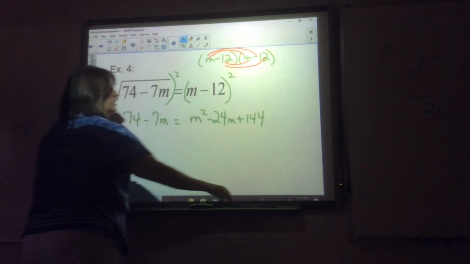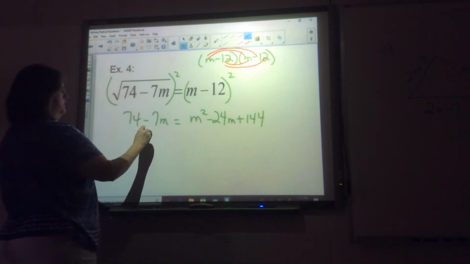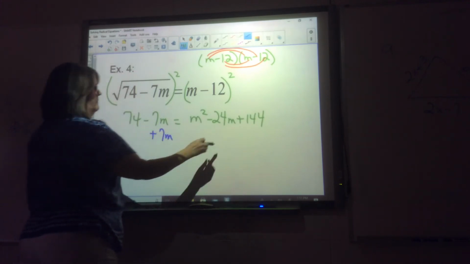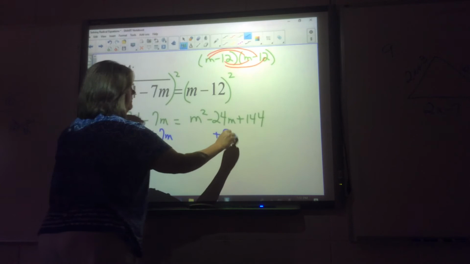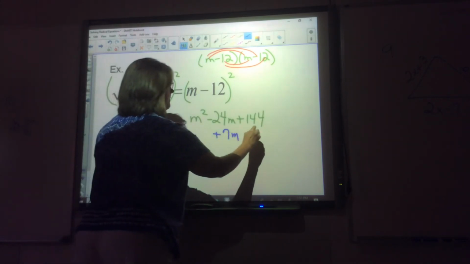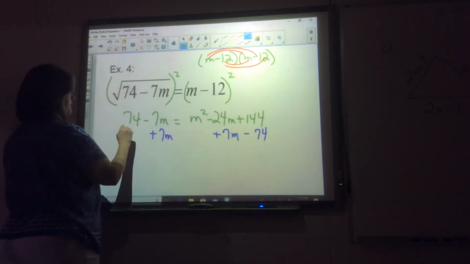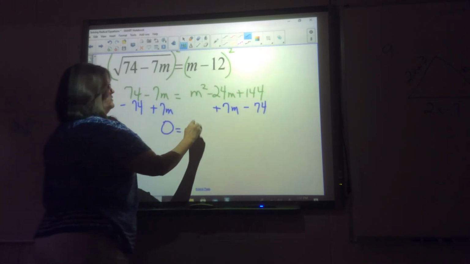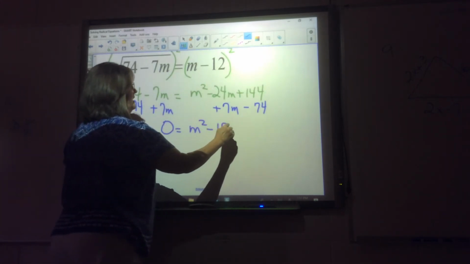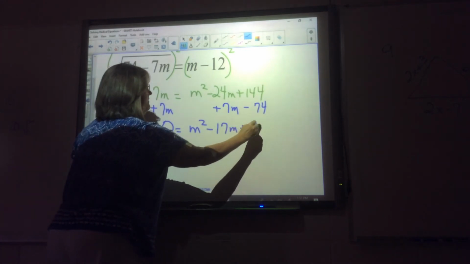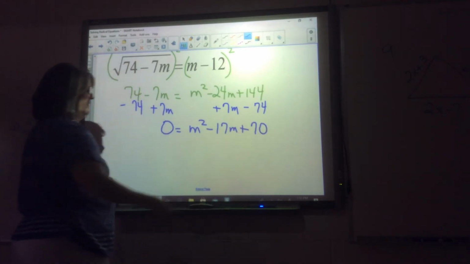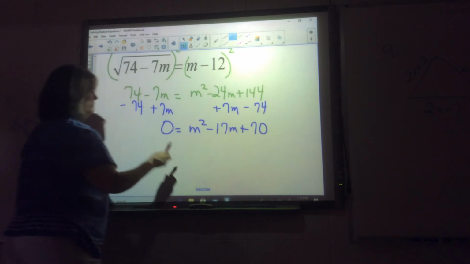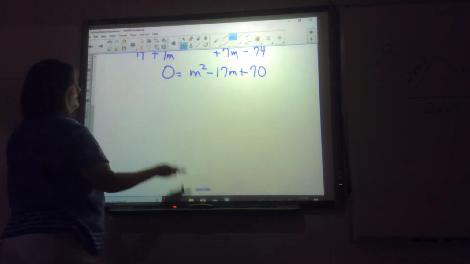All right, I want to move everything over. And I have 0 equals m squared minus 17m plus 70. Now, I want to find factors of 70 that add to be negative 17.